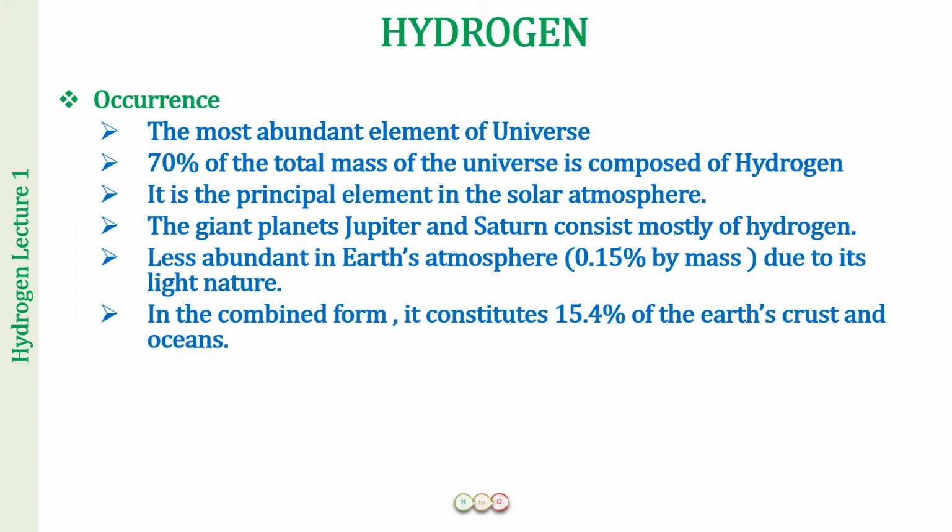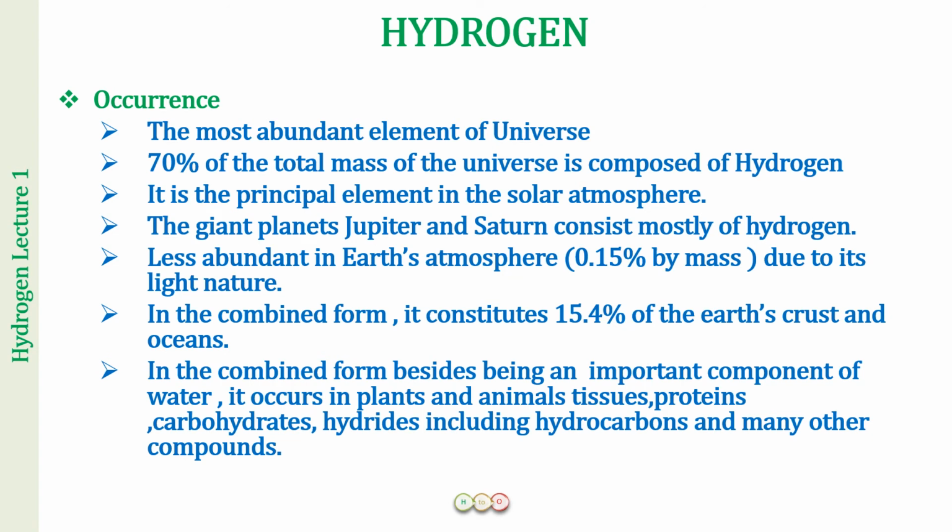But in the combined form, it is found on the Earth quite a lot. It constitutes about 15.4% of the Earth's crust and oceans. In the combined form, the most important component is going to be water, right? But along with that, it also occurs in plant and animal tissues, proteins, carbohydrates, and hydrides. What are hydrides?